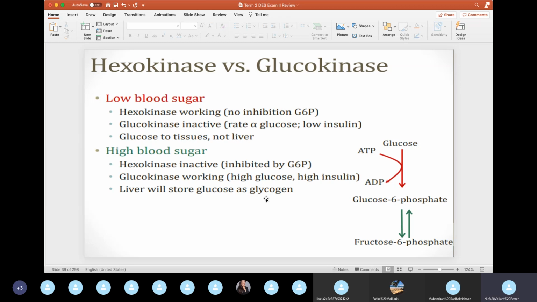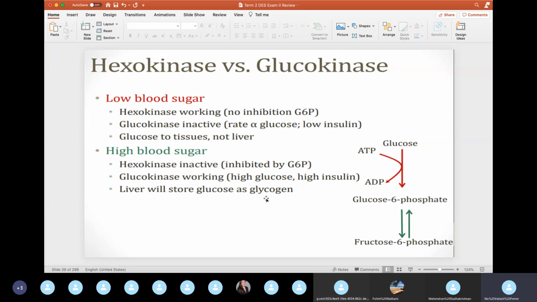So question, in terms of Km and Vmax, how do we describe hexokinase versus glucokinase? Anyone? Hexokinase has a low Km and low Vmax, and glucokinase has a high Km and a high Vmax. Excellent.